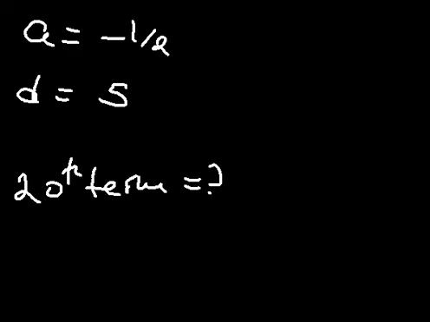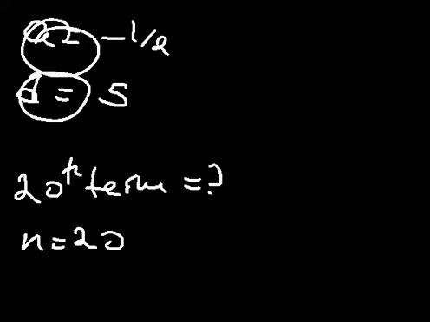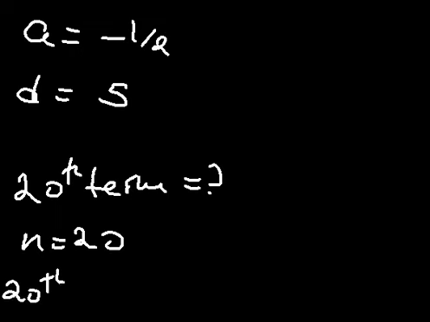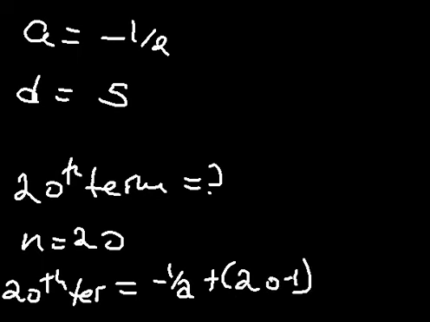In this case, the number of terms is given as 20. Since we have the first term and the common difference, we can get the term at position 20: the 20th term is equal to the first term, which is -half, plus n minus 1, where n is 20, times the common difference, which is 5.